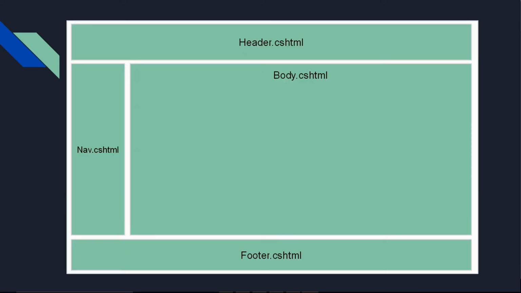If you look at this picture, it represents a typical web application nowadays. The top can be called a header component. This can be a body component, which will contain all the content of your website, this can be a nav component, and below it can be a footer component. So this looks similar to a typical modern web application.